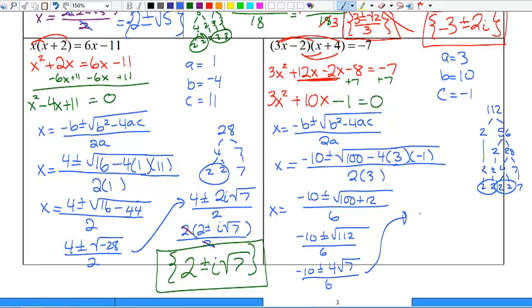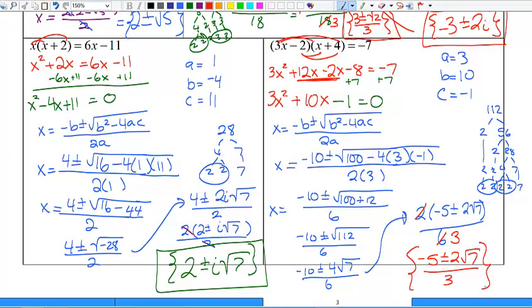It looks like I can factor out a 2 out of the numerator. And that gets me negative 5 plus or minus 2 root 7 over 6. And now the 2 and the 6 can reduce to the 3 in the denominator, which gets me negative 5 plus or minus 2 square roots of 7 all over 3 as my final solution.